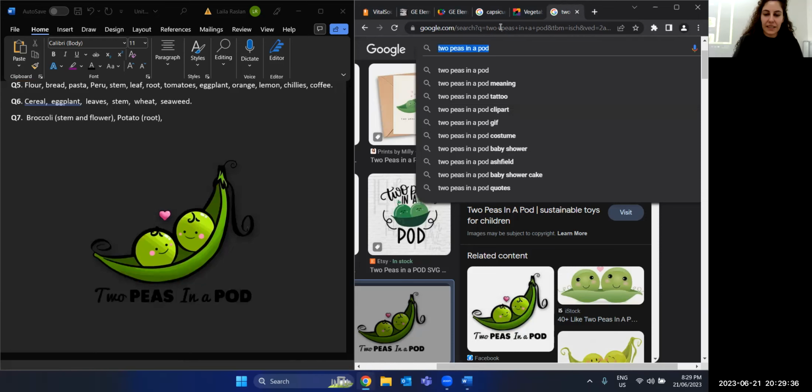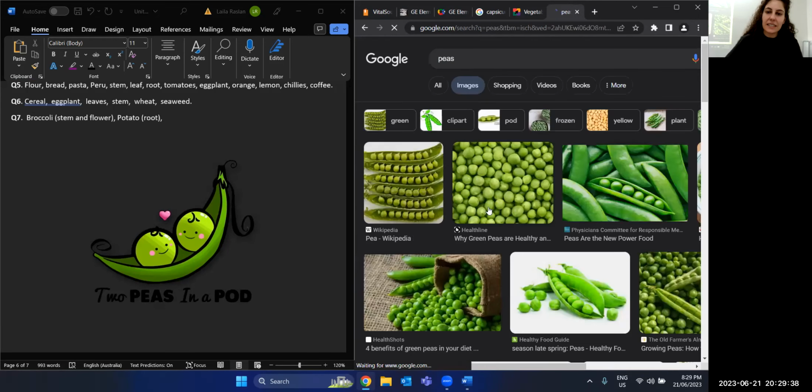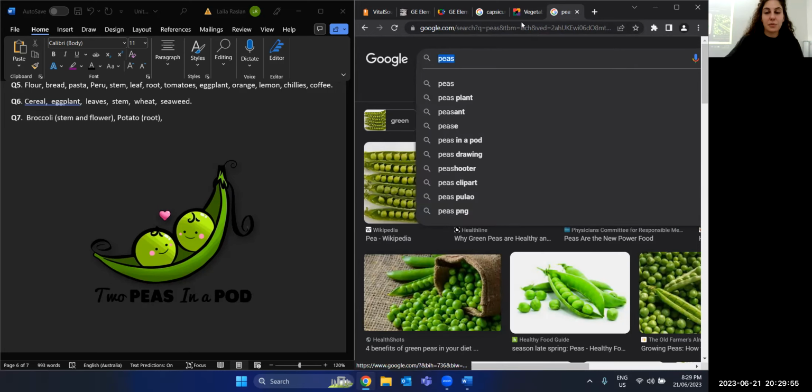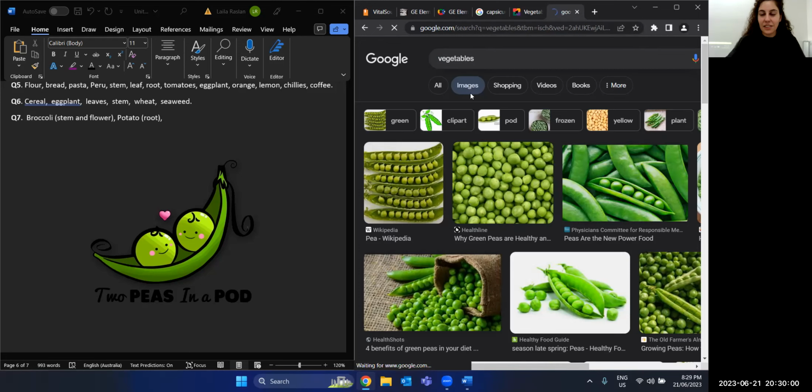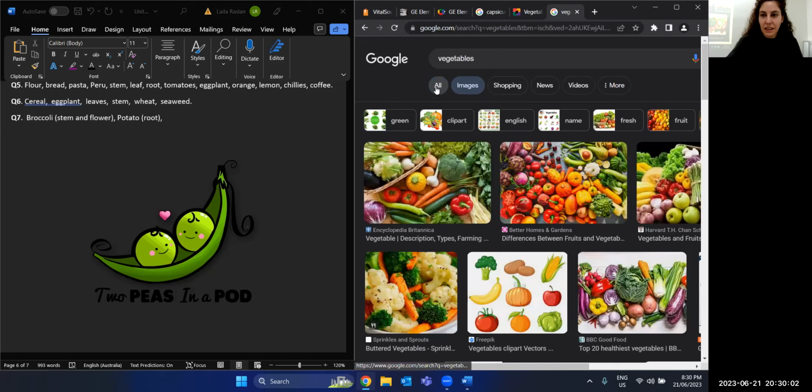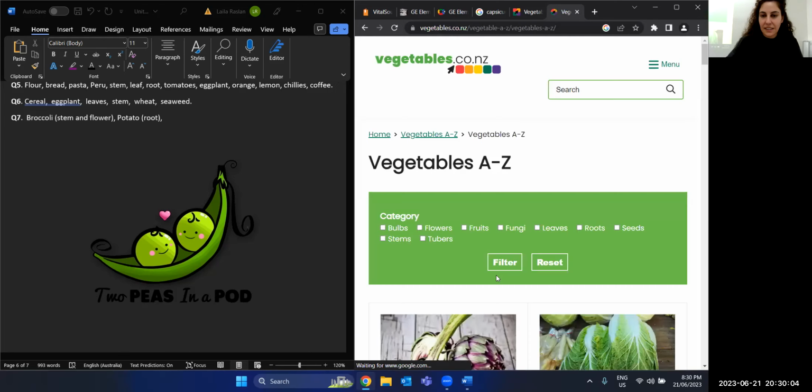Let's talk about peas. Do we eat the root, the stem, or the leaves of peas? Is it a fruit? No, we need vegetables. So we need vegetables like this one.